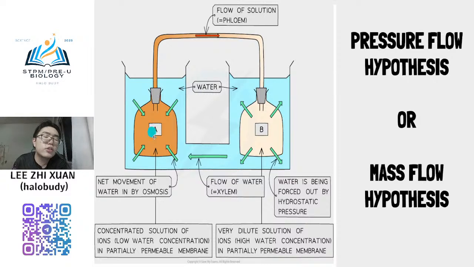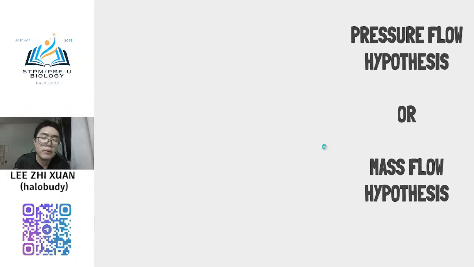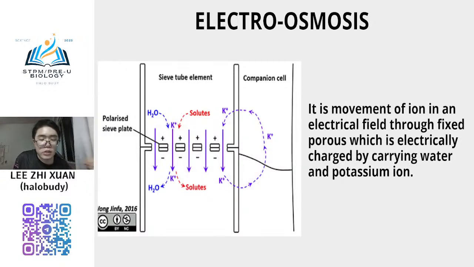The darker color is the source, the lighter color is the sink. Another thing is the direction of water flow: water should flow from the sink to the source. So when you see this kind of direction, you know that B is the sink and A is the source. Okay, so far that's all for the pressure flow hypothesis.